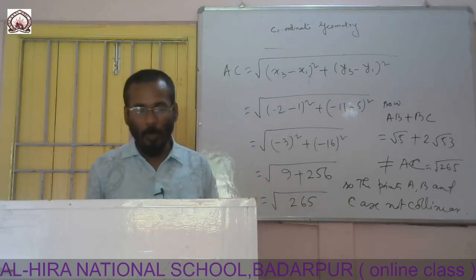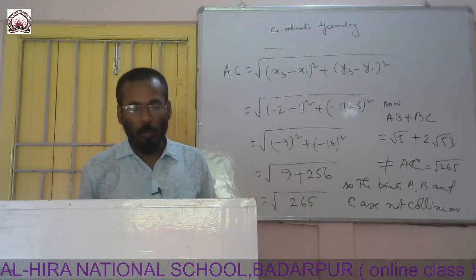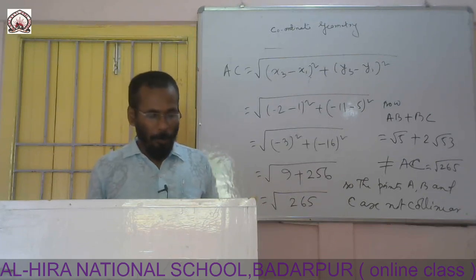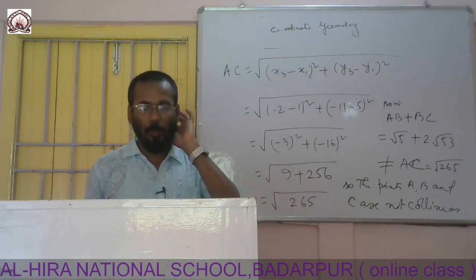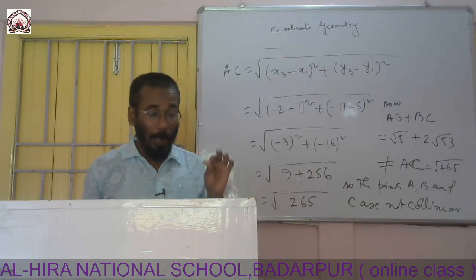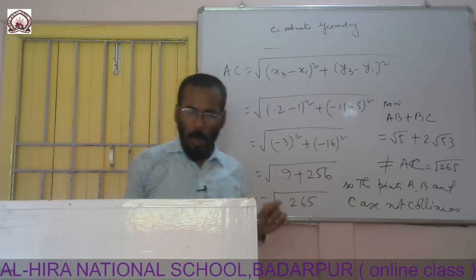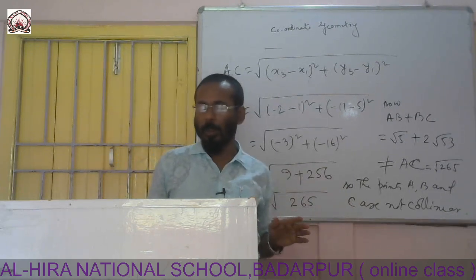Okay. Now, question number 4: check whether (5, -2), (6, 4) and (7, -2) are the vertices of an isosceles triangle. Isosceles triangle is what?